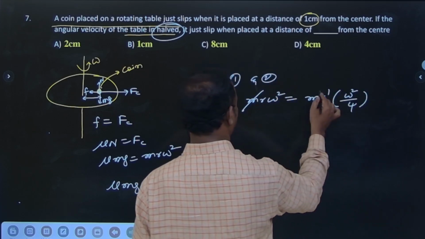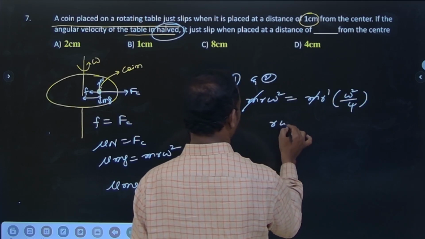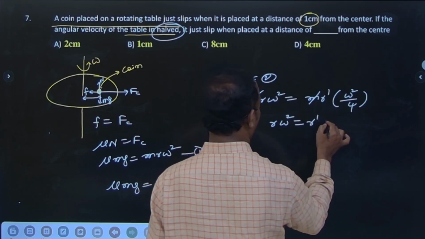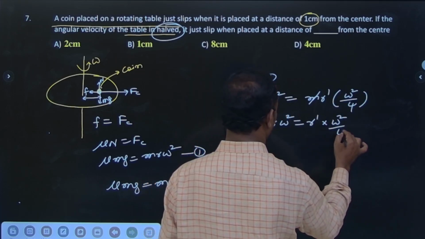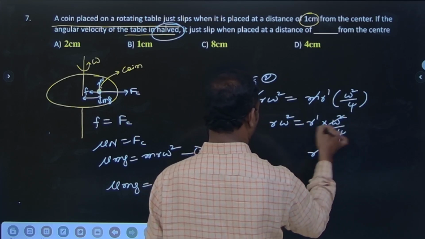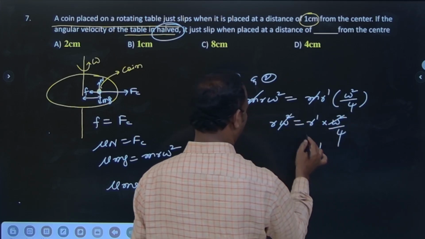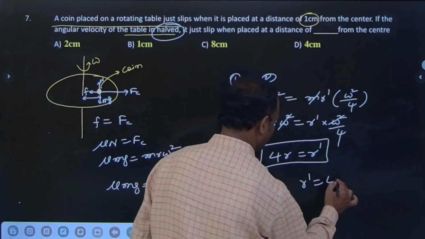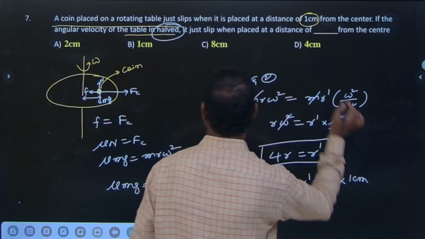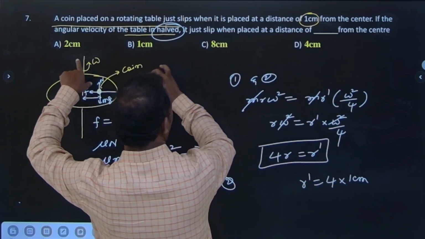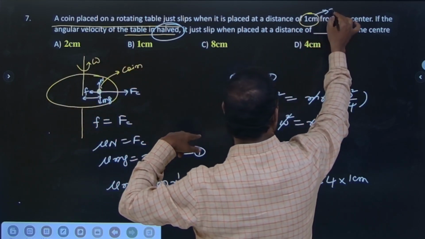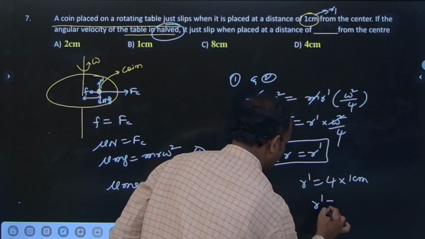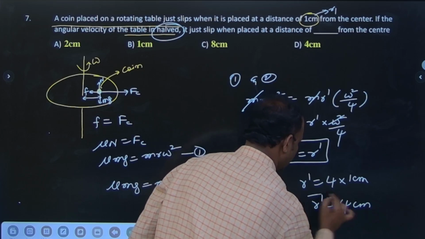So m and m cancel, omega square cancels, and r dash is equal to 4 R. R is given as 1 centimeter initially, so r dash is equal to 4 centimeter.